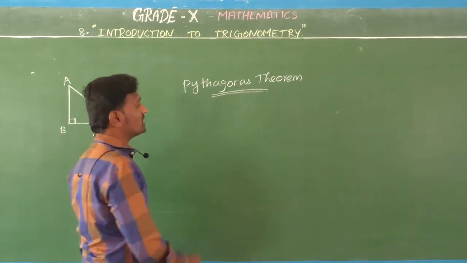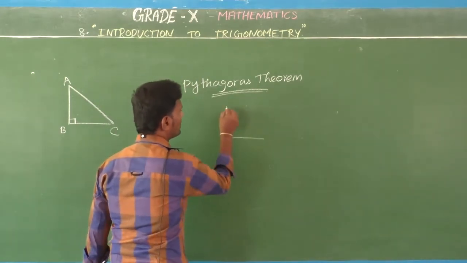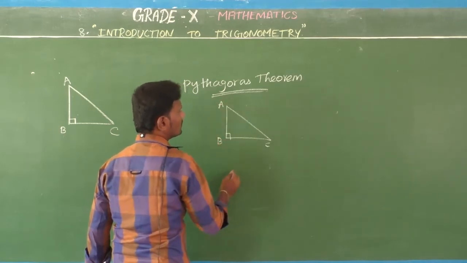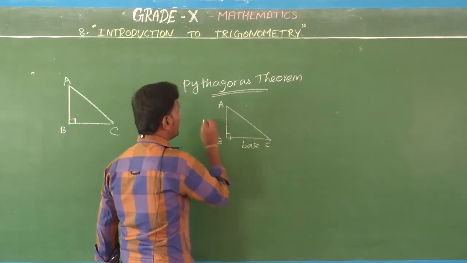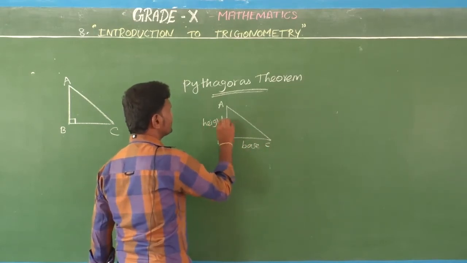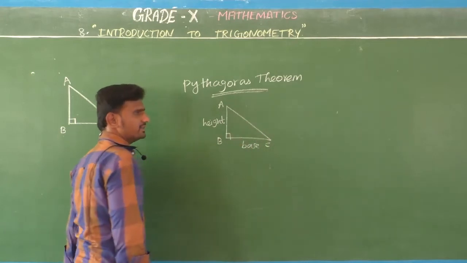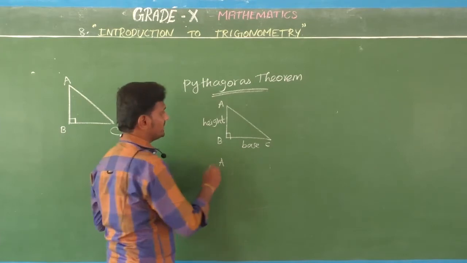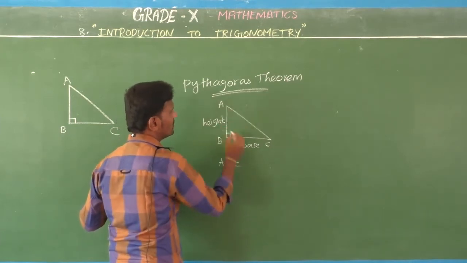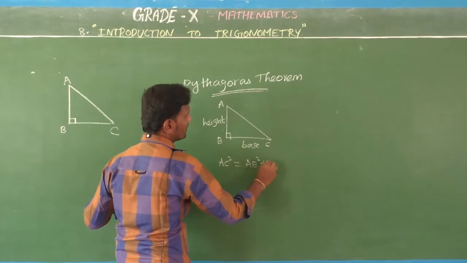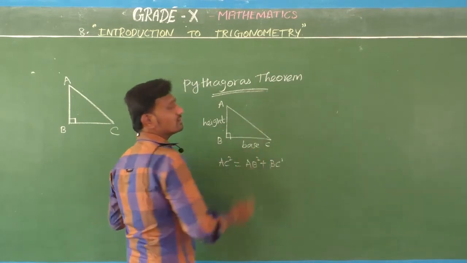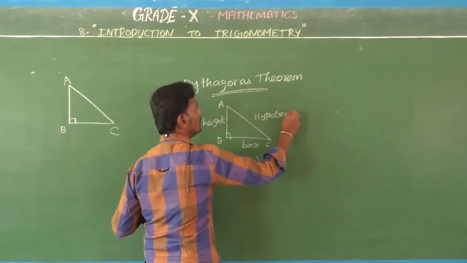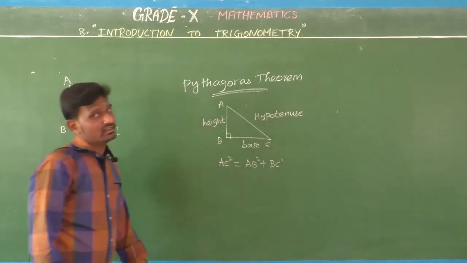From the Pythagoras Theorem, you have one right angle triangle. This is your base, this is your height, and this is your longest side. The square of the longest side, AC square, is equal to the sum of the squares of the other 2 sides. The longest side is called the hypotenuse, a word you used in your 9th syllabus.